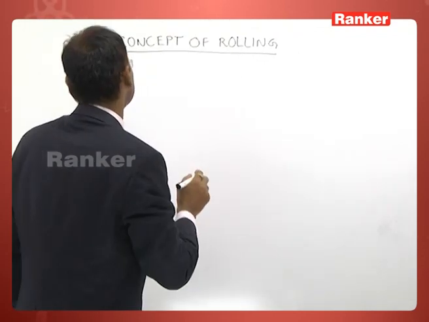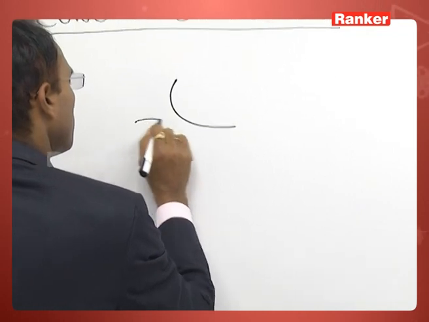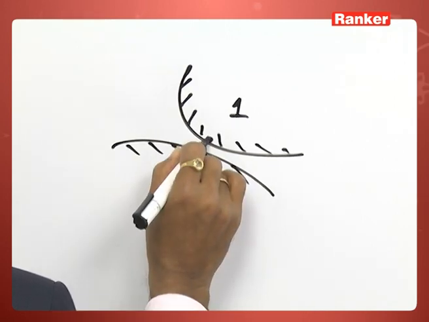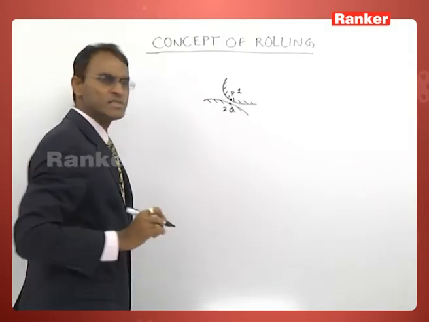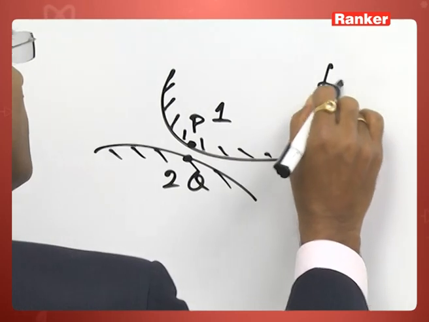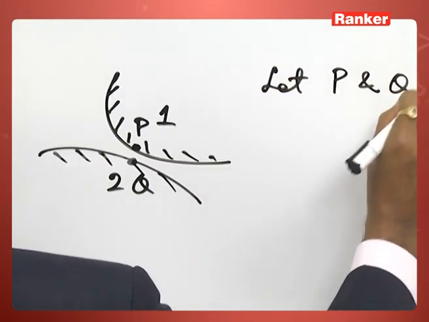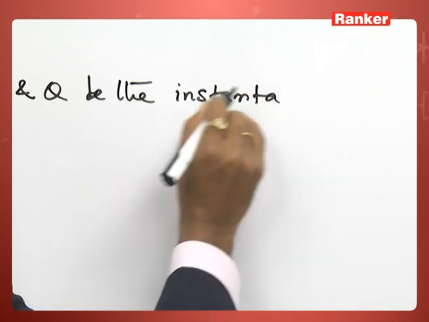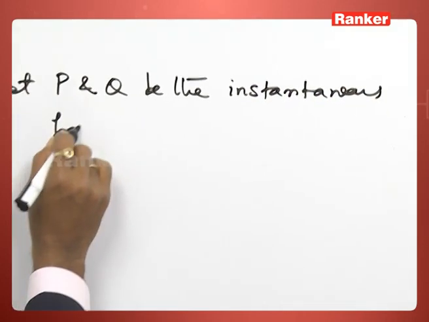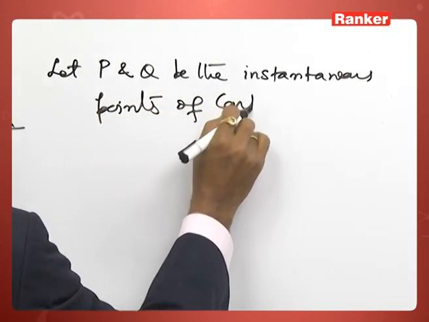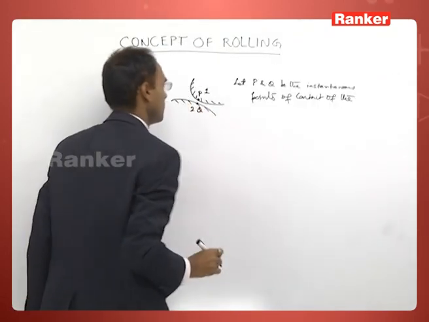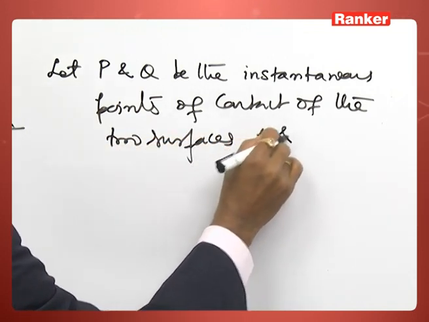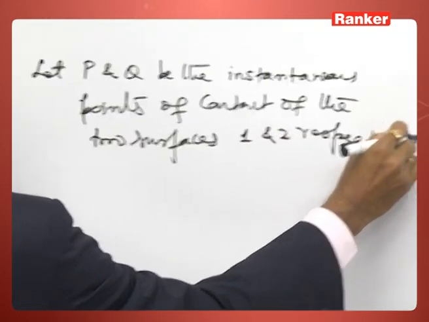So rolling is a concept where the surface number 1 and the surface number 2 at the lowest points are the instantaneous points of contact P and Q. Let P and Q be the instantaneous points of contact of the two surfaces 1 and 2 respectively.